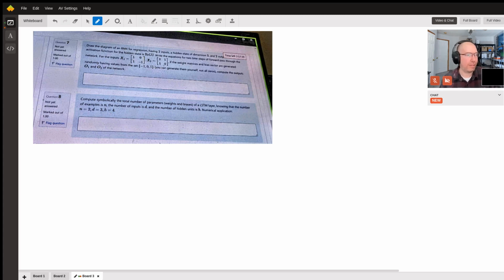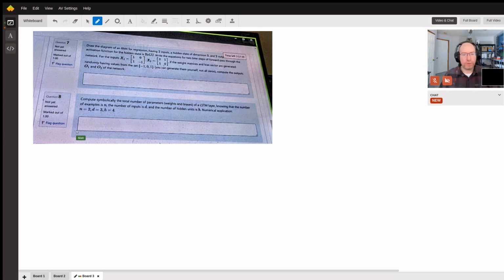I think that should be fairly straightforward. Let's see here. That's 7 and 8, so it should be towards the end of the notes, I think.